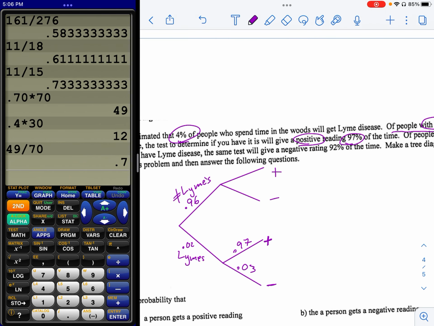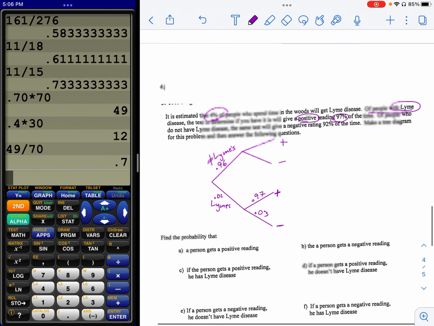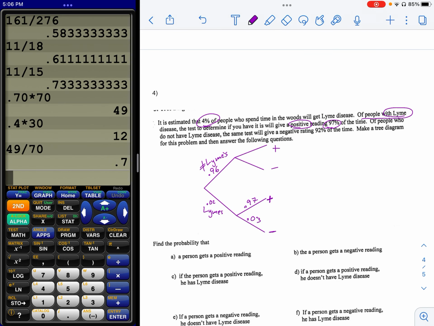Sometimes it's positive and sometimes it's negative. That's the sentence. Of the people who do not have Lyme's, it will have a negative rating 92% of the time, which means this is 8% of the time up top. Okay, there you go. I constructed it.